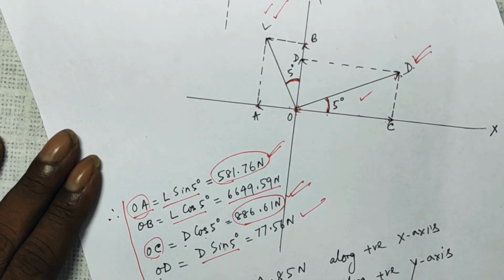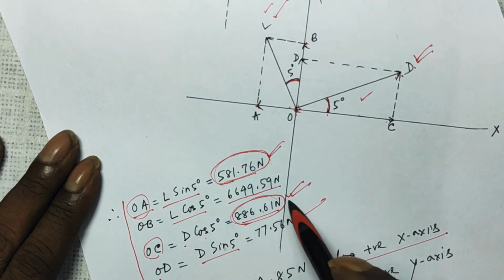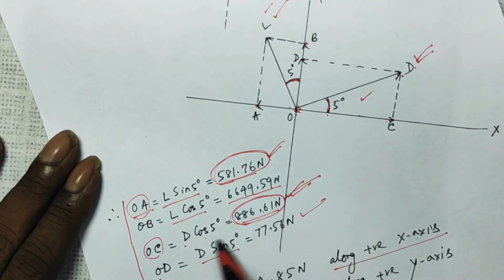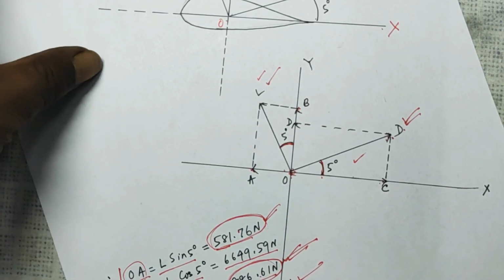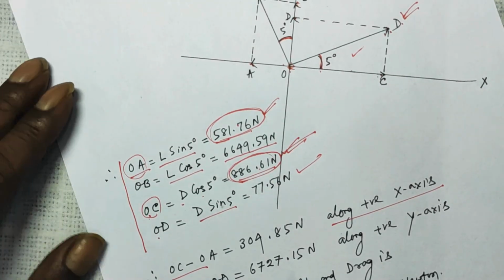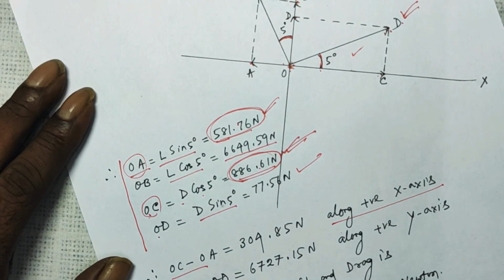Just by subtracting this minus this, it comes out to be 304.85 Newton along the positive x-axis. This is more, this is less, so this minus this will be in the direction of this force, and OC is along the positive x-axis.